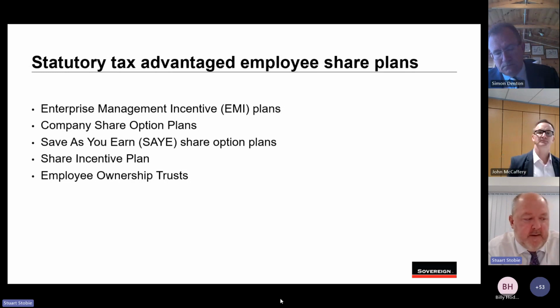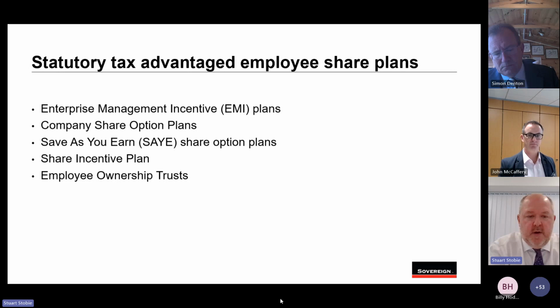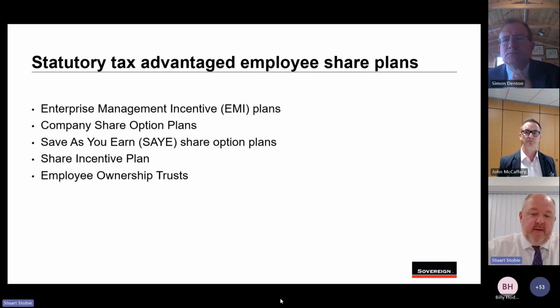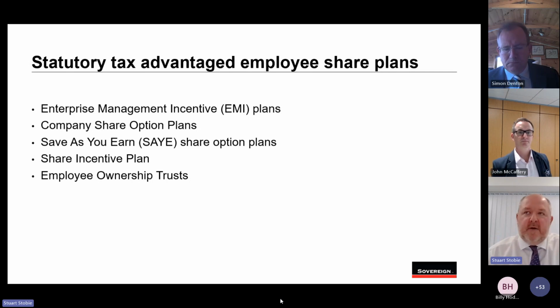Looking at an employee ownership trust on paper for an owner looking to exit, and also wanting to leave a legacy, to maintain what he's done with that company and incentivize his staff to remain and keep their jobs and run the company, rather than a third party, say a private equity company or a trade buyer coming in and buying it, it looks very good on paper.